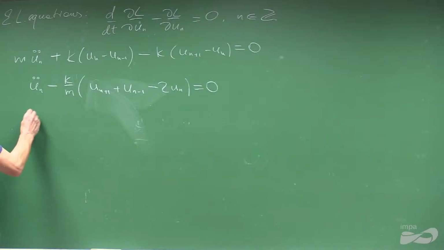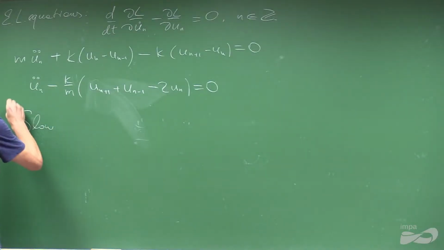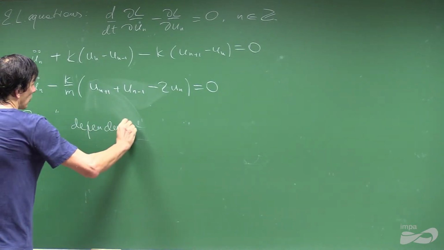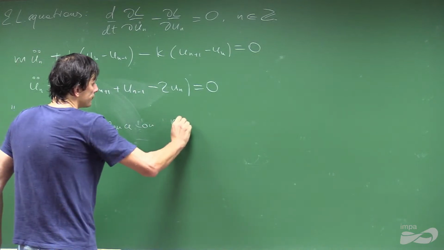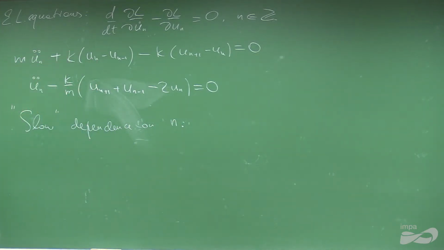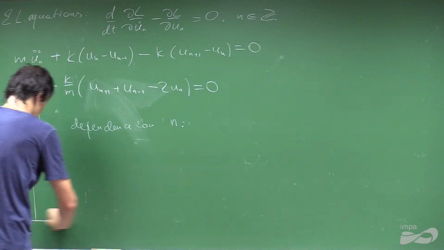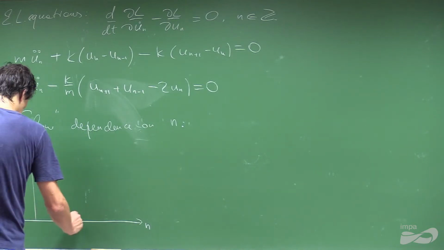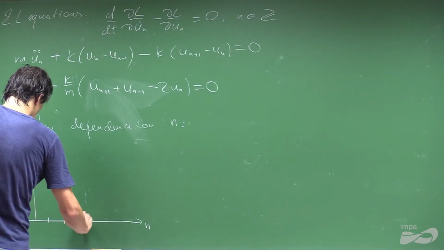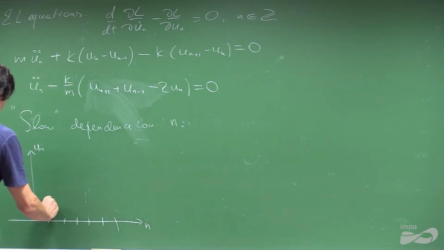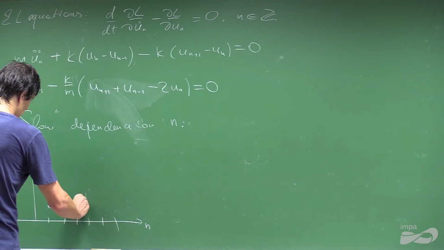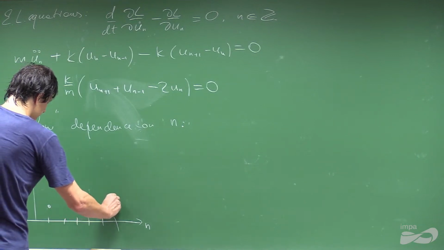So we have a slow dependence on n. And slow dependence on n means that if you plot un as a function of mass, you have, like, the first mass displaced a certain amount, another a certain other amount, and so on.